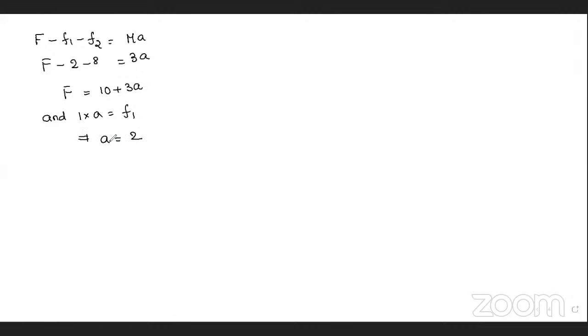F1 is 2, so A is equal to 2. That implies F is equal to 10 plus 3 into 2, that is 10 plus 6, that is equal to 16 newtons. All of you followed this one? Any doubt here?